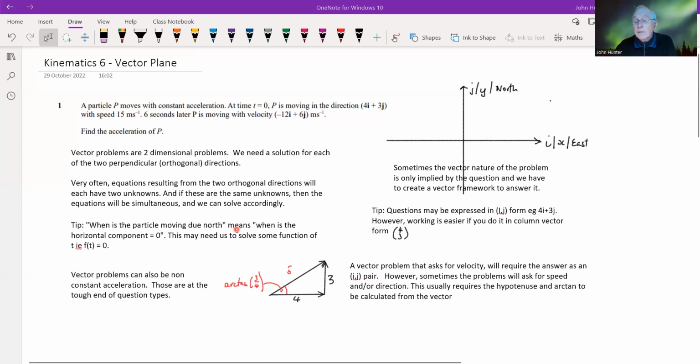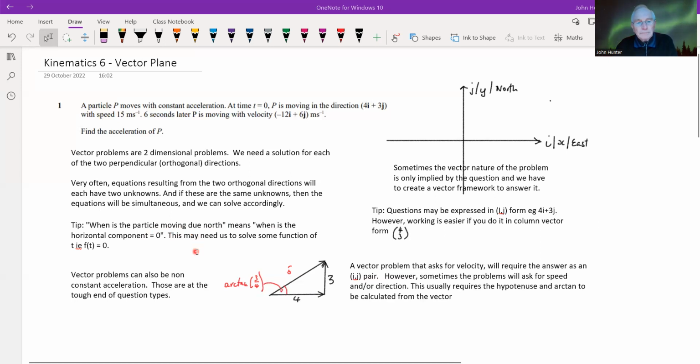And if it's a function of t, then you just solve that equation for when the i component is equal to 0. So that sort of thing comes into these questions. So watch out for that.